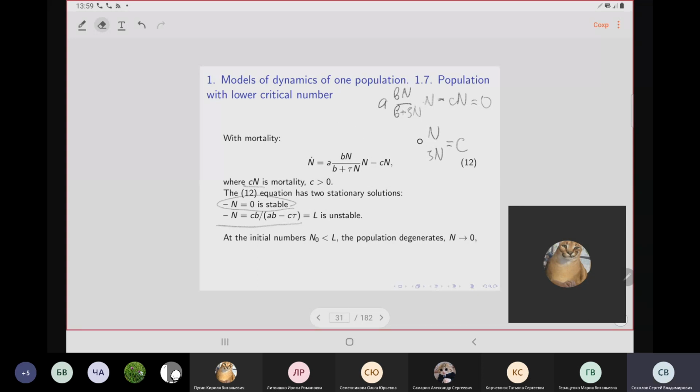What should we add to the right-hand side? We want to see the right-hand side decreasing with large n.